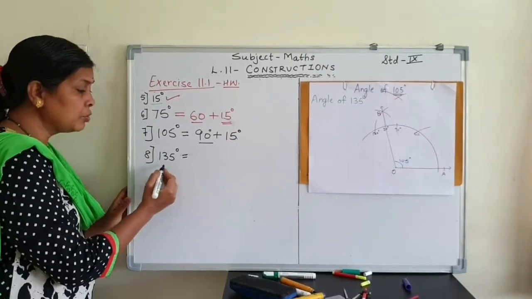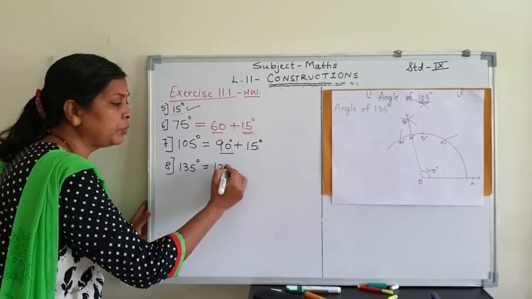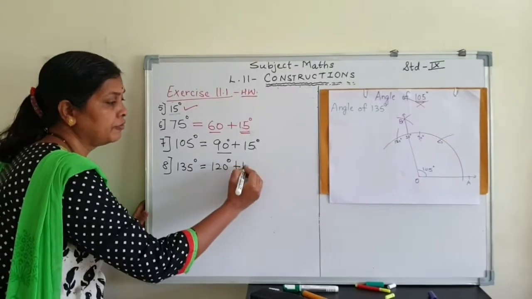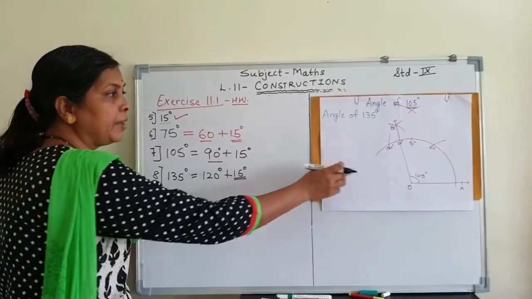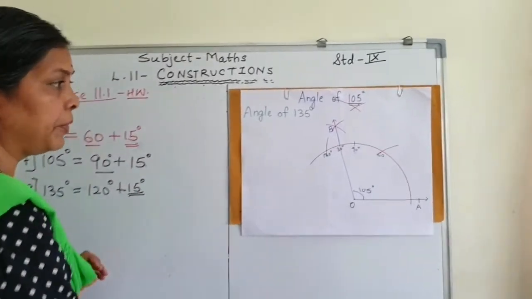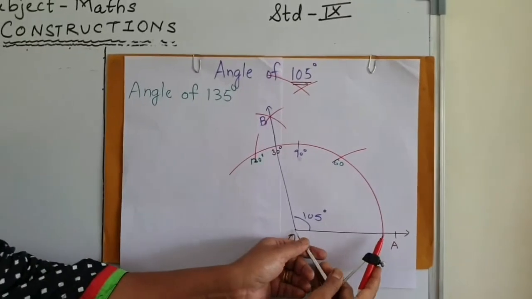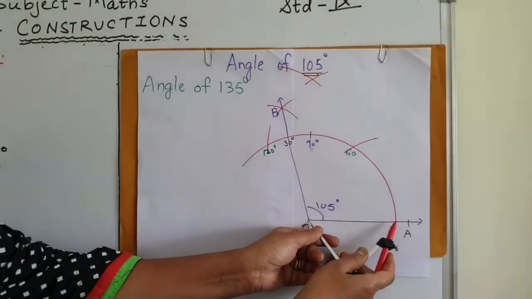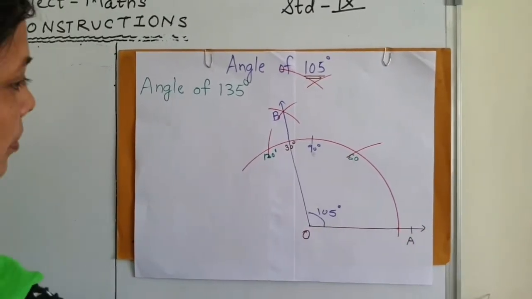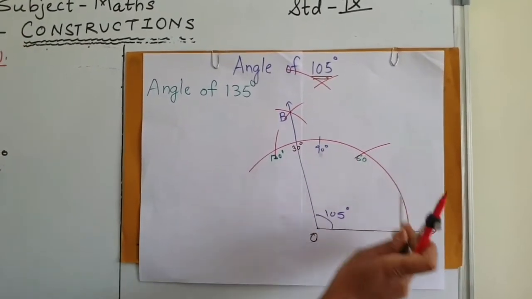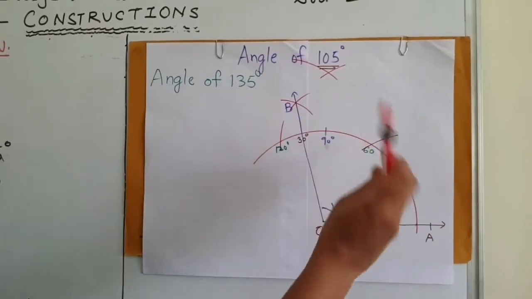Now our next angle is 135 degree. Now how do we get 135 degree? That is 120 degree plus 15 degree. Now this 15 degree we have to find out. I am showing 120 here now with the previously drawn figure, that is OA is this. Now this is 60, 120.